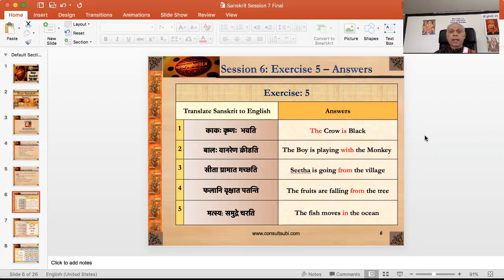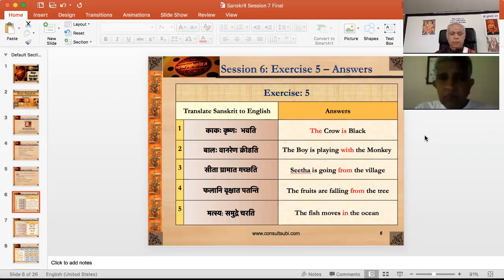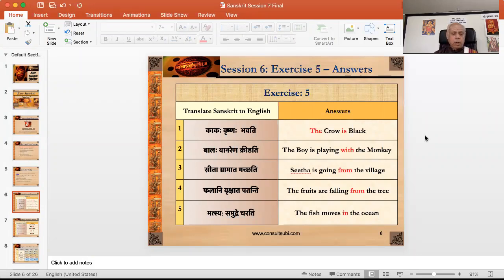Balaha Vanarena Kridati. Many of you got it correctly, but some of you have made some slight mistakes. I think this one most of you have got correctly. But here, Vanarena is with the monkey.